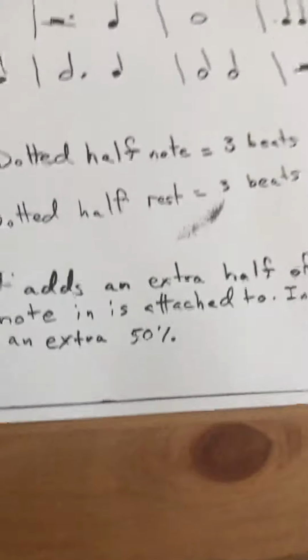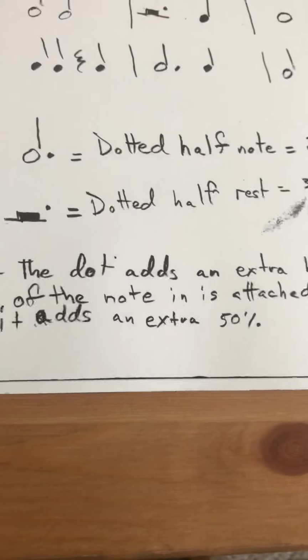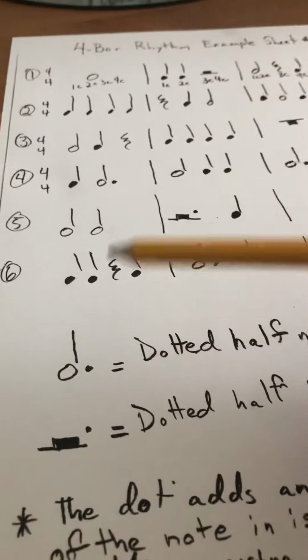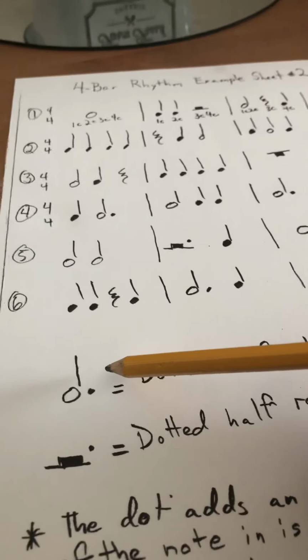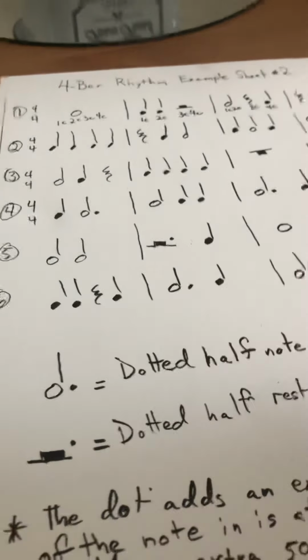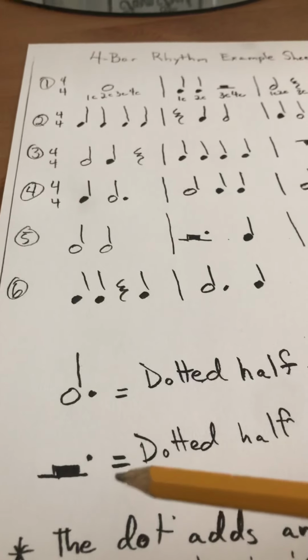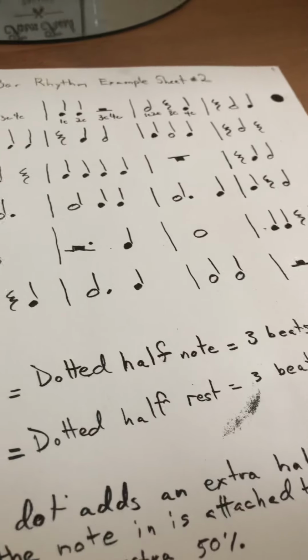Those examples 4 through 6 have a new type of note value included in those rhythms. It's called a dotted half note, okay? It gets 3 beats of sound, and you also have a dotted half rest, its rest counterpart, which also gets 3 beats of silence, okay?